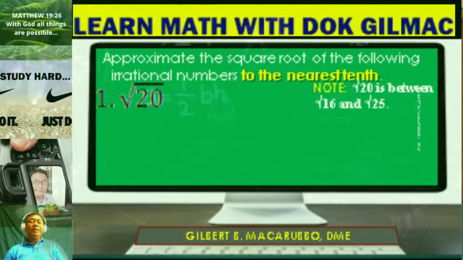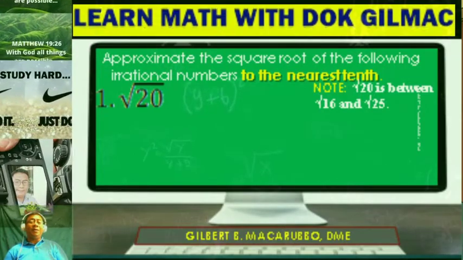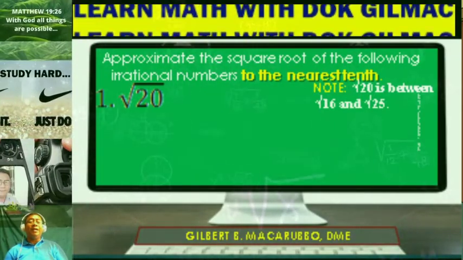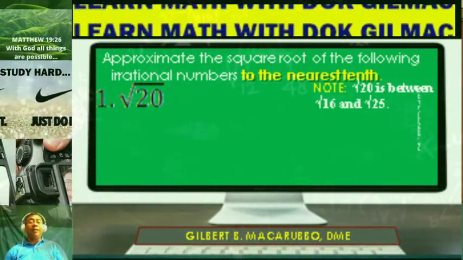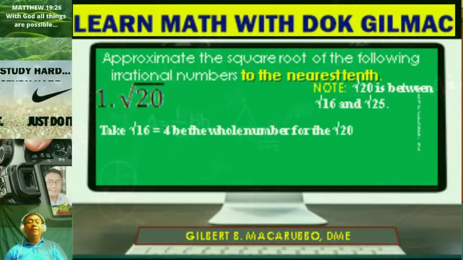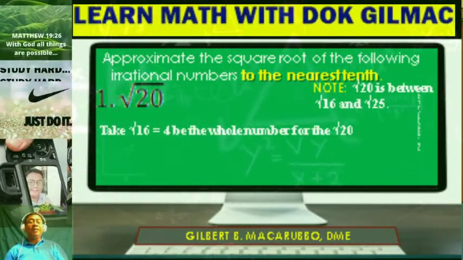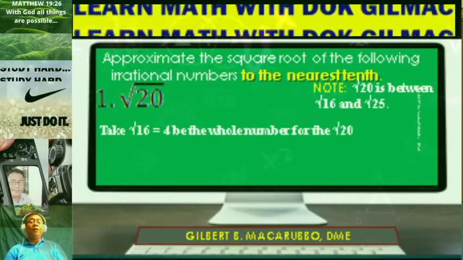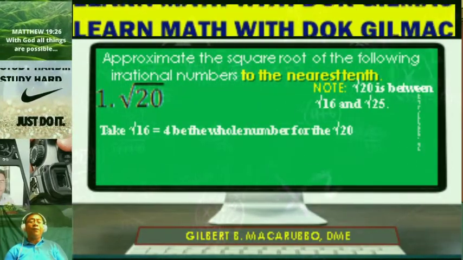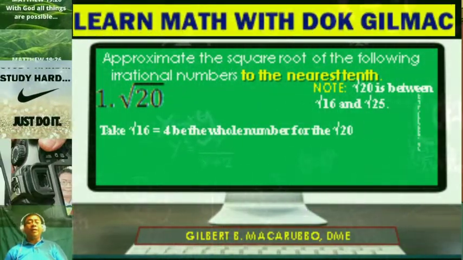So take note, square root of 20 is between square root of 16 and square root of 25. Take square root of 16, which is equal to 4, be the whole number for the square root of 20.